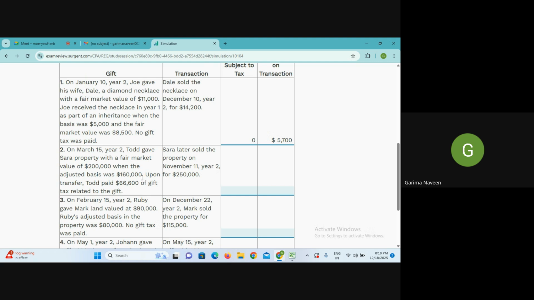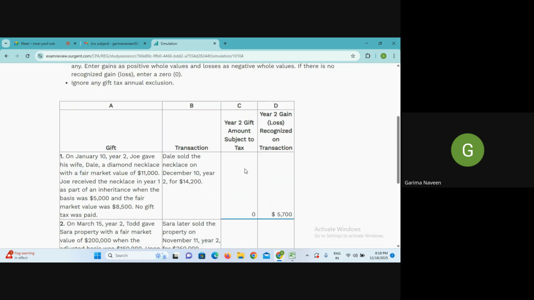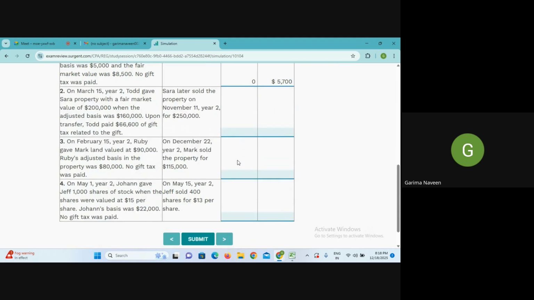The gift tax is paid by the donor, and only the taxes paid on the amount of appreciation in the property will be included. So 200 minus 160 gives you $40,000 of net appreciation. Take the proportion of the taxes related to the appreciation, and when you add these taxes to the basis, it will give you the adjusted basis for the property.